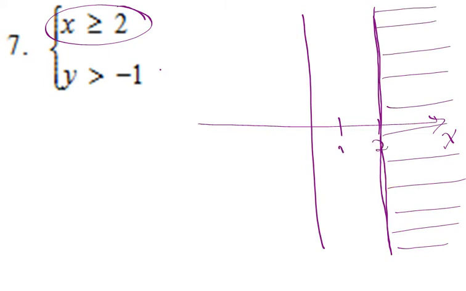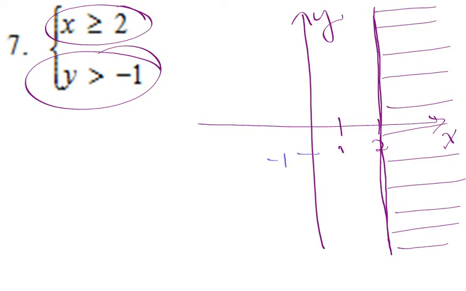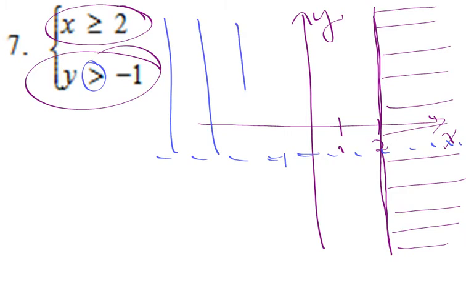All right, now the next one, y is greater than -1. So we're going to go to the y-axis. We choose a different color and go to -1. And we're going to put a line through the y-axis at -1, but it's just greater than, so it's a dashed line. All right, and it is greater than, so it is shaded above.